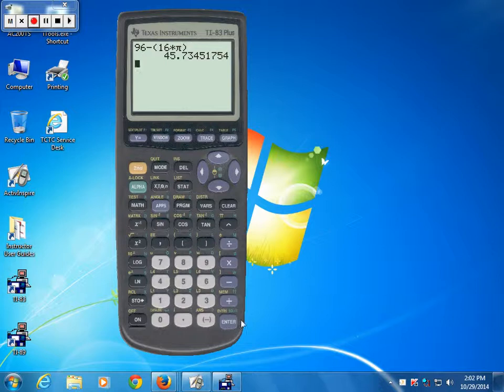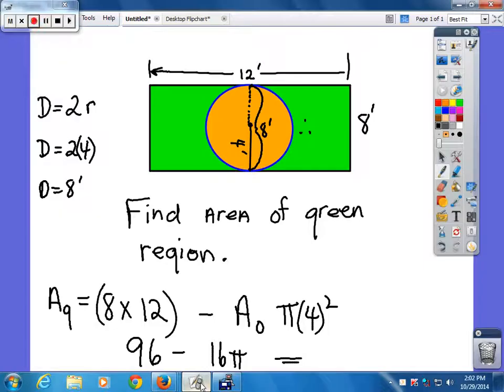I get 45.73. Is that what you got? So your answer is 45.73 square what? 45.73 square feet.